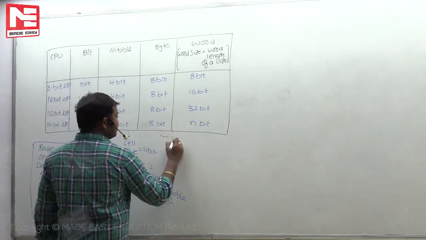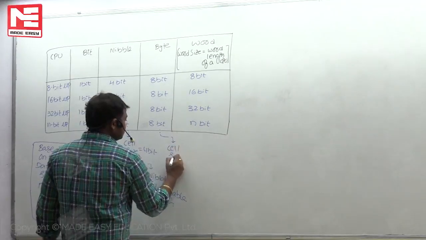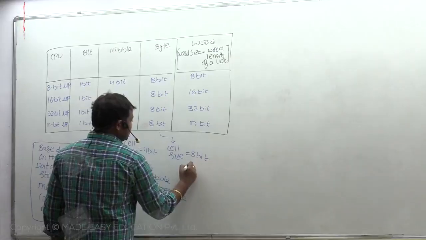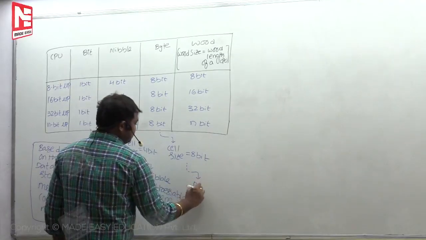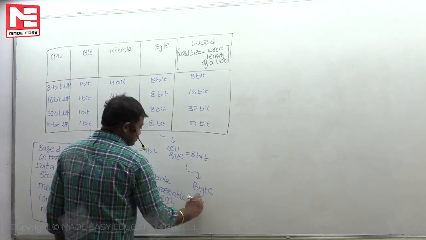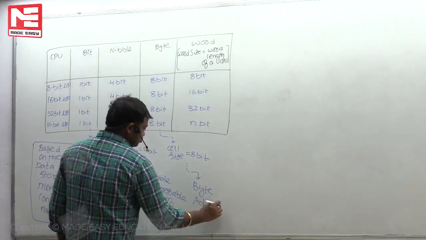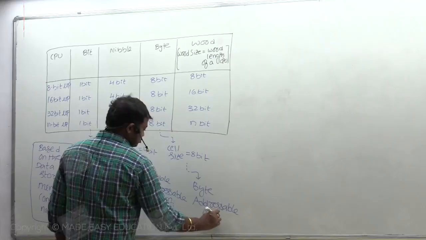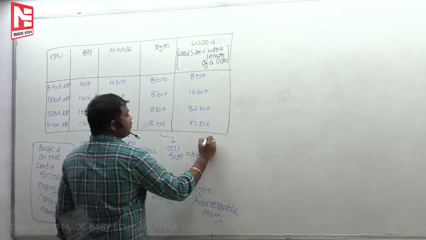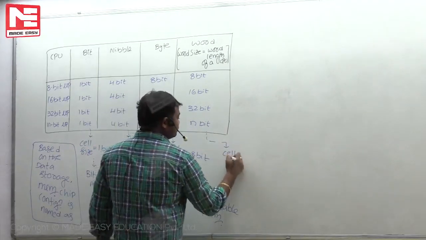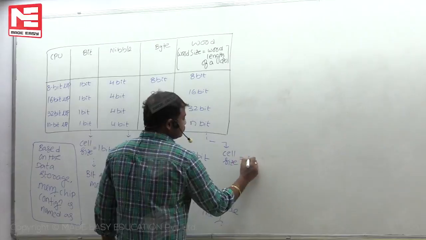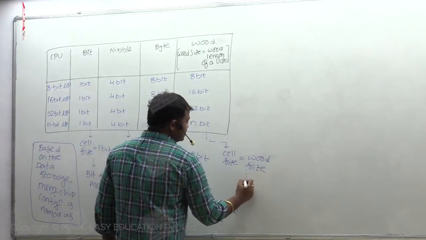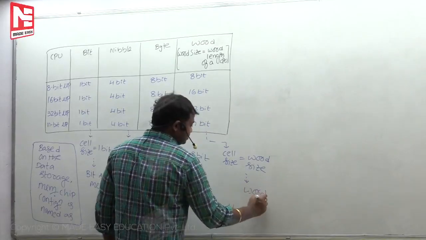Next, cell size equal to 8 bit. This is called as the byte addressable memory. Right? Now here cell size equal to word size. This is equal to word addressable memory.